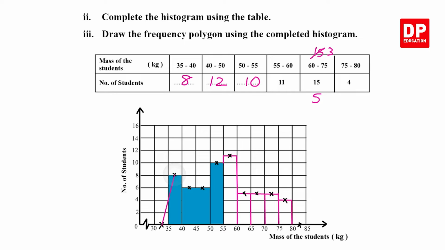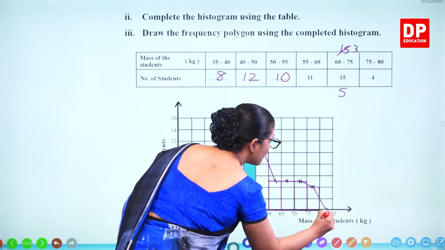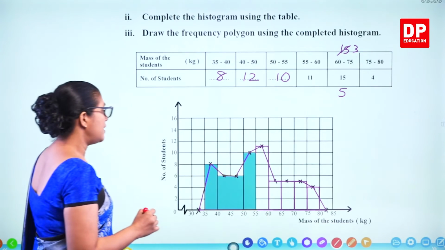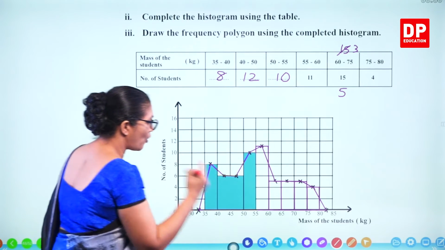Here, here, and here. And then you complete this line as well. That's a polygon. Complete this side as well. So you get the frequency polygon here.